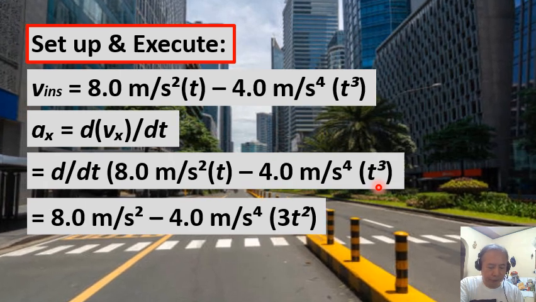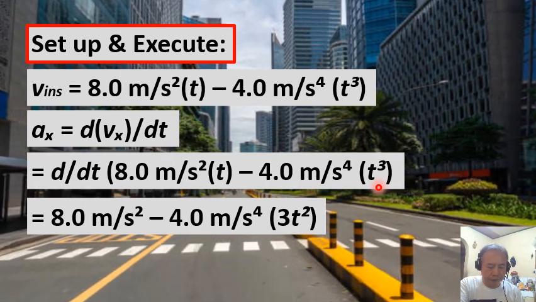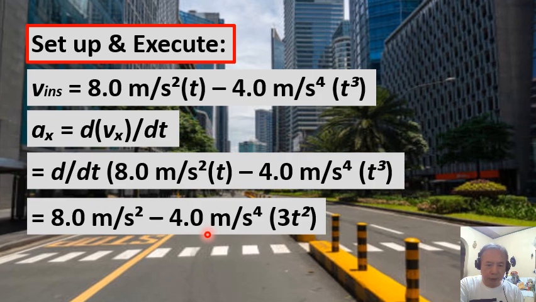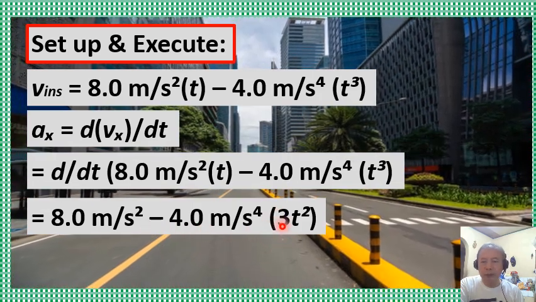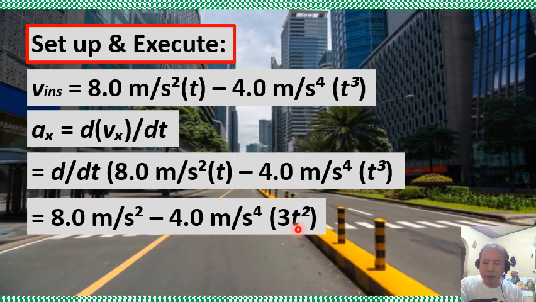is equal to negative 4.0 meter per second to the fourth multiplied by 3 times t squared.